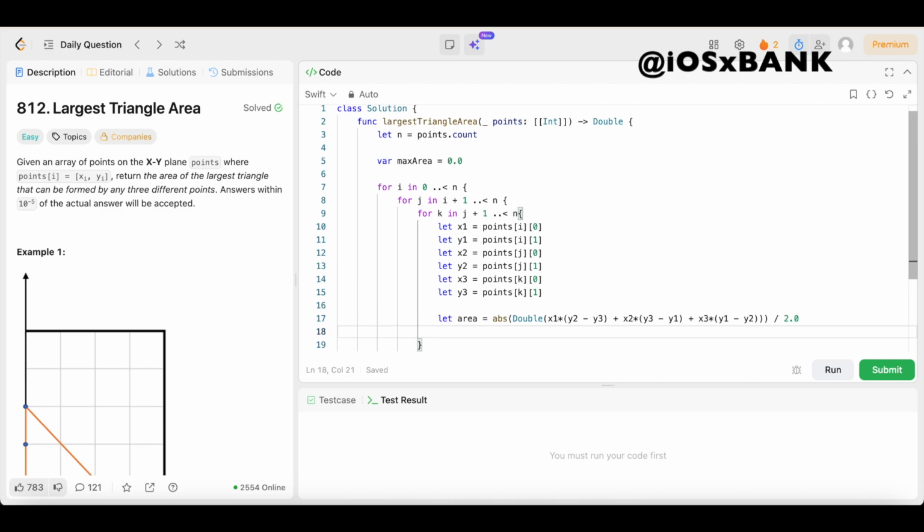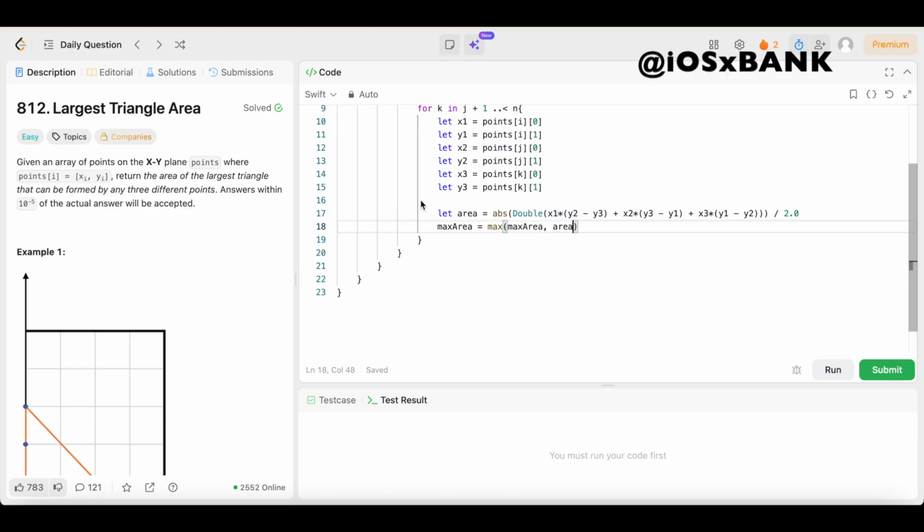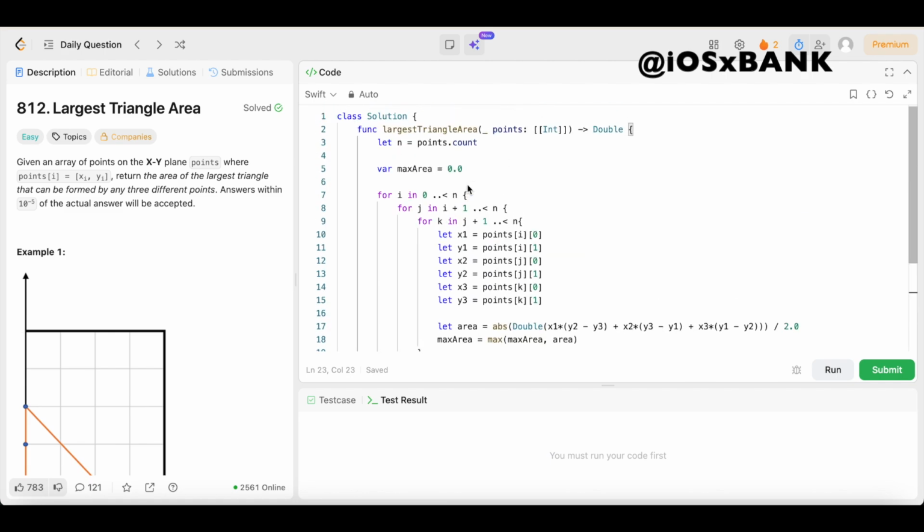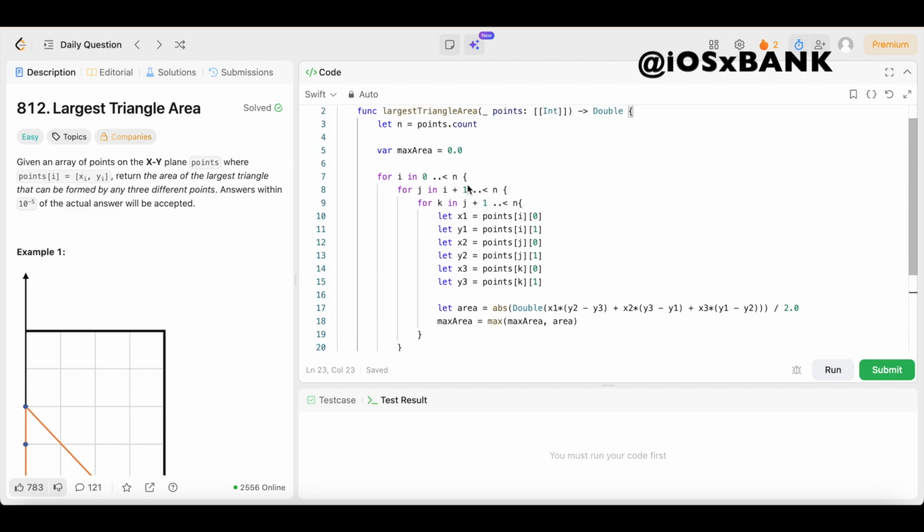So we say max area equals max of max area, comma, area. Then we return the largest area found among all possible triangles by coming down here and saying return max area.